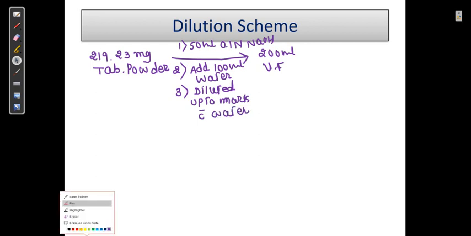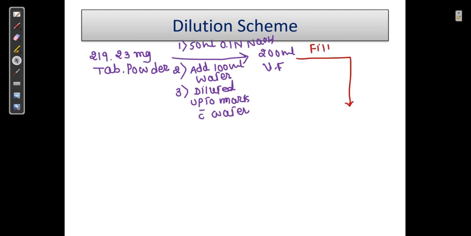Second step is, filter, take 10 ml of filtrate. The 10 ml of filtrate is added into the 100 ml volumetric flask. Make up to the mark with water.